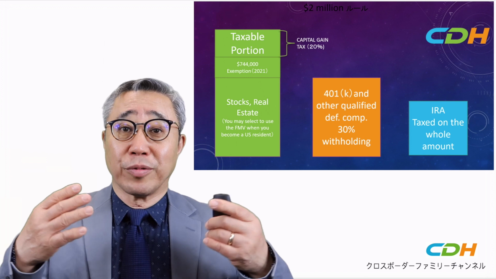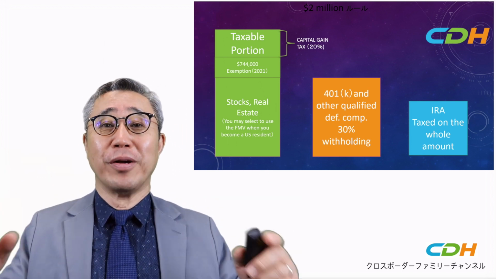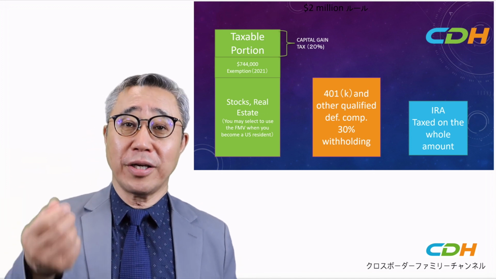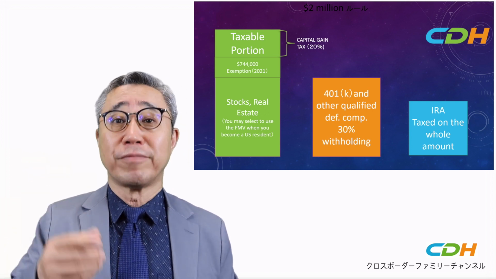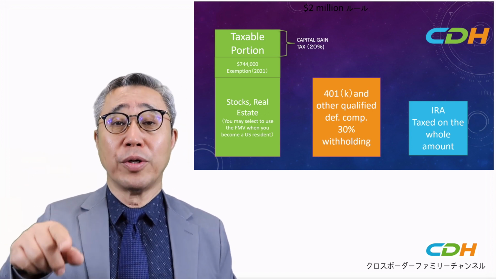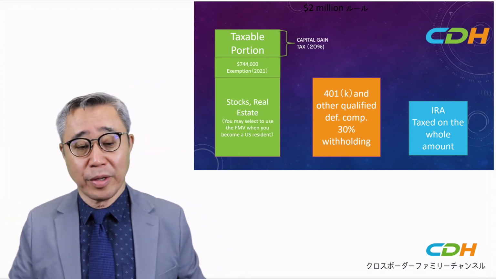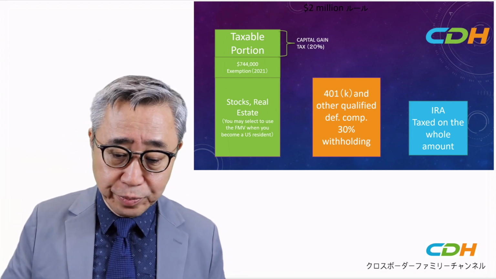Now, I am talking about too many countries' tax systems, so don't quote me on this one. You've got to see each country's specialist or professional to find out exactly how you can get this 30% back. Okay? I am only talking about the US tax rules here.